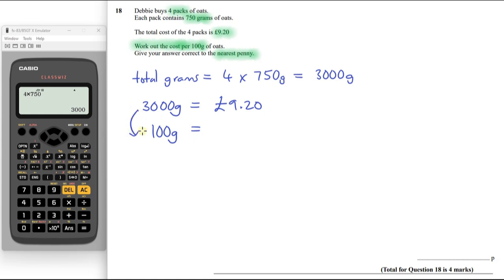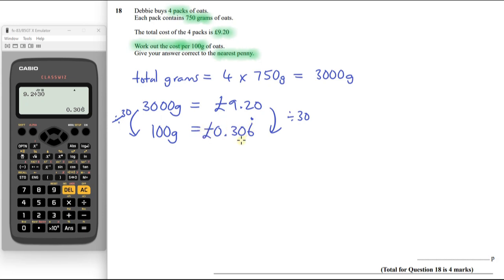To go from 3,000 to 100, we're going to be dividing by 30. So if we do 3,000 divided by 30, that takes us to 100. So all I need to do is divide this number by 30. So 9.2 divided by 30, press equals, and we get 0.306 recurring. And that is going to be in pounds.